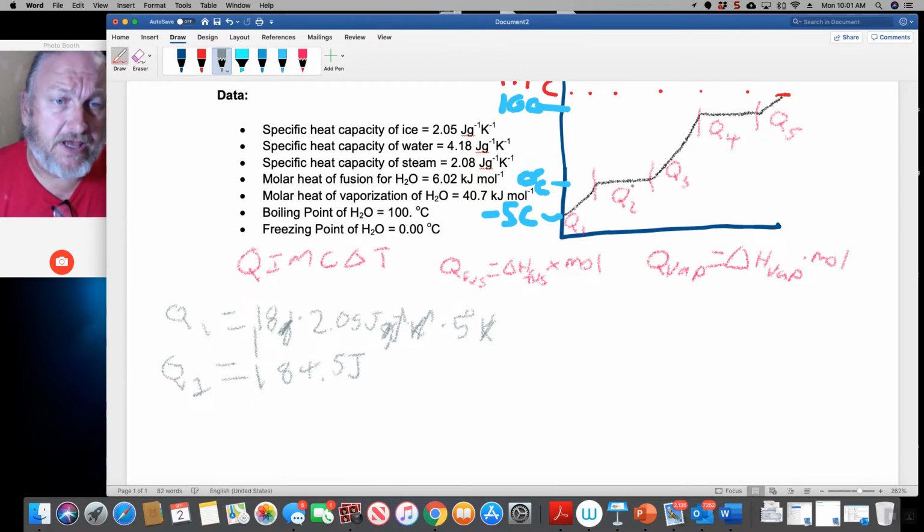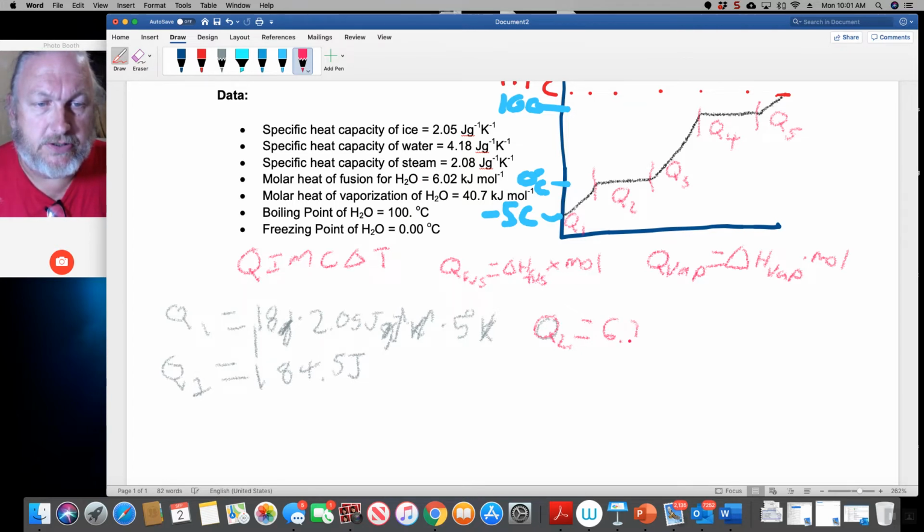Now to find that second phase, there I'm dealing with the heat of fusion. So I'm going to use that formula. So Q2, let's go back to this one. Q2 would be the delta H of fusion, which is, from my data, 6.02 kilojoules per mole.